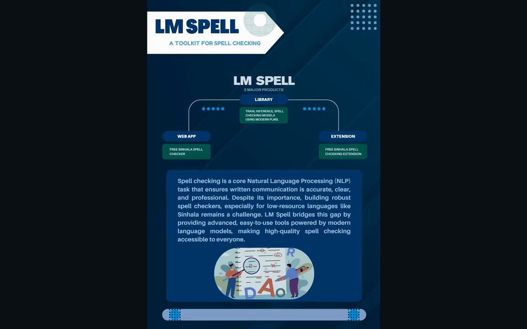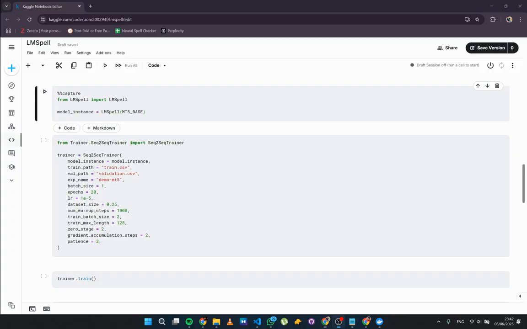LMSpell offers three core products: a versatile library for developers, a user-friendly web app, and also a browser extension. With our library, anyone can easily build advanced spell checkers using state-of-the-art pre-trained language models. We've abstracted the complex processes behind spell checking, making it incredibly simple and intuitive to use.